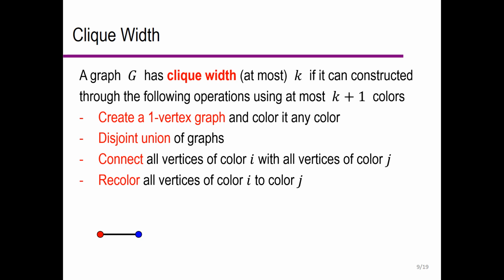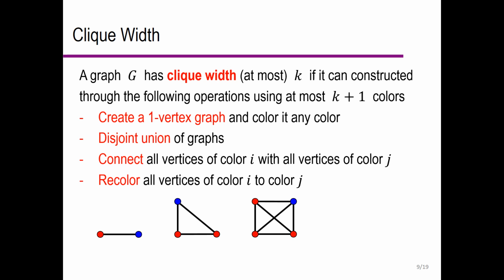To create clique K3, we first recolor blue vertices to red ones, add another blue vertex, and connect all blue vertices to all red vertices. To create K4, we again recolor all the blue vertices, add another blue vertex, and connect. So this process shows that the clique width of a clique is actually 1.